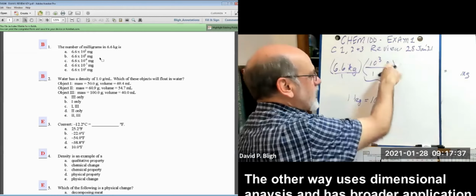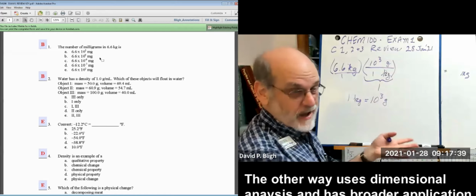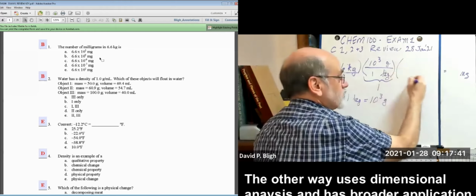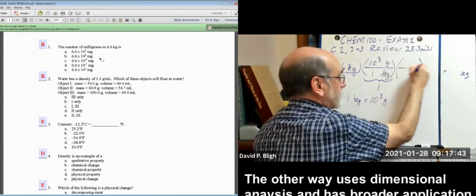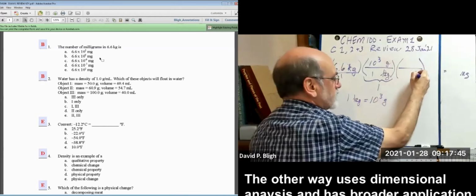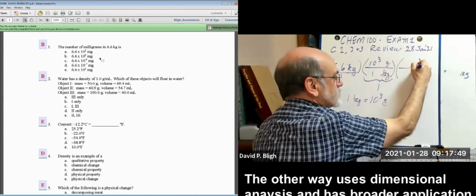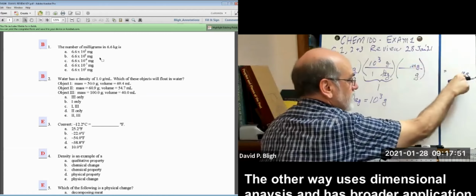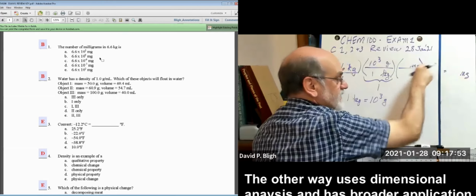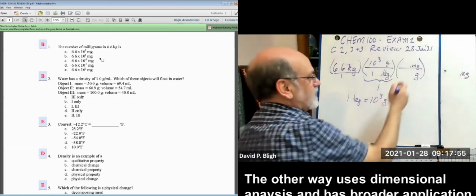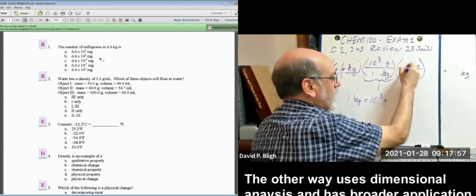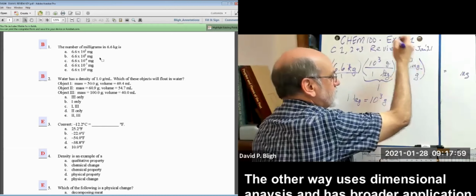Okay, so we've got to grams, but we're not to milligrams yet. So we'll do a chained conversion. Now we've got grams here, we need to cancel. And what's the relationship to give us milligrams here? Because that's in the numerator and that's in the numerator. Well, the relationship is 1 gram is 10 to the third milligrams.